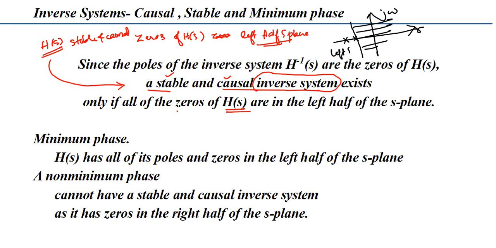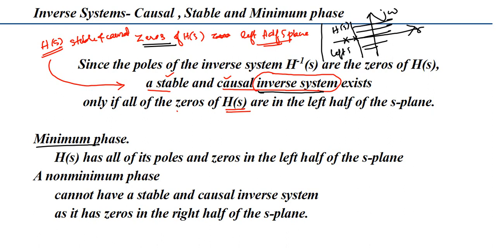But in this case we are verifying whether the inverse system is stable and causal. That's why we are looking at the zeros of H of s, because these become the poles of H inverse of s. And a system is said to be minimum phase if H of s has all of its poles and zeros in the left half of the s plane.